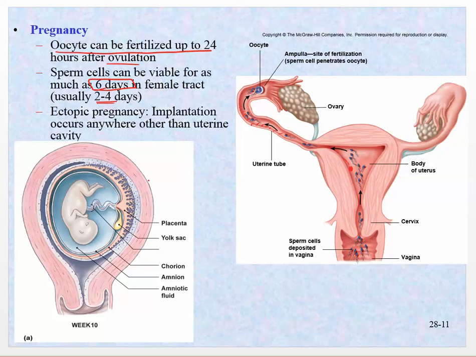Once you have implantation, you can see that the endometrial lining, which is building up here, will then have to nurture that developing baby. The baby forms its own sac. I have here an ectopic pregnancy is when implantation occurs anywhere else besides the uterine cavity. This is where we want it to happen. So the baby has to live in here.